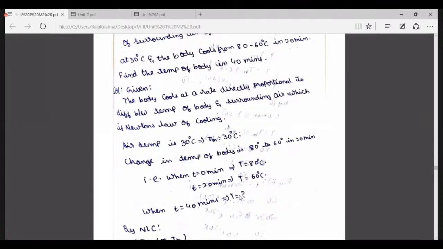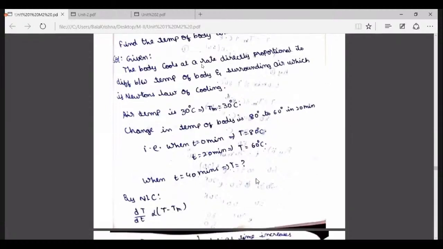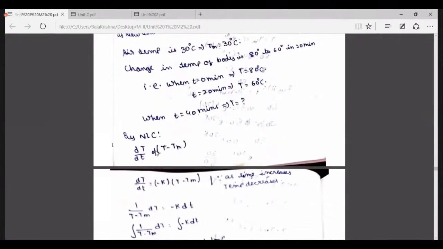Clearly this is related to Newton's law of cooling, because the object temperature is cooling down, therefore we'll go for Newton's law of cooling. So by Newton's law of cooling, the rate of change in the temperature of the object with respect to time is directly proportional to the difference between the temperature of the object and the temperature of the air.